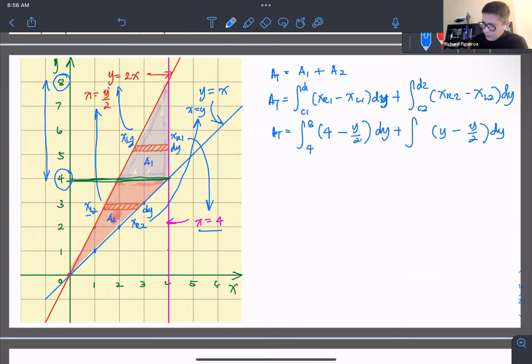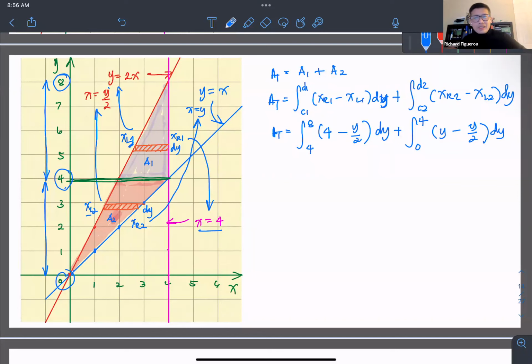So ano naman yung red na area? So ang red na area, so ito naman siya nun. So for the boundary, that is from 0 to positive 4. So madali yung pag-integrate.